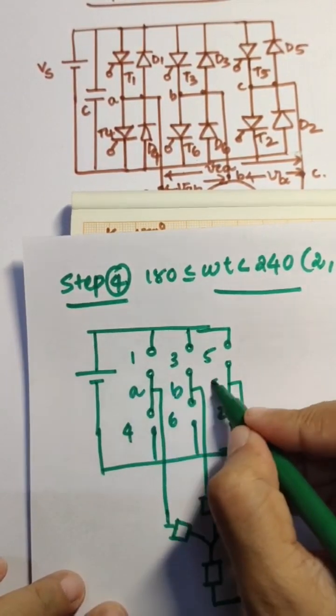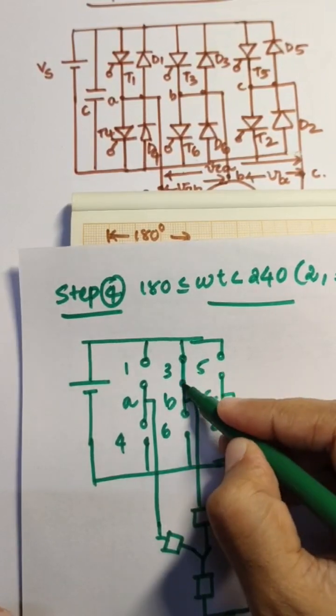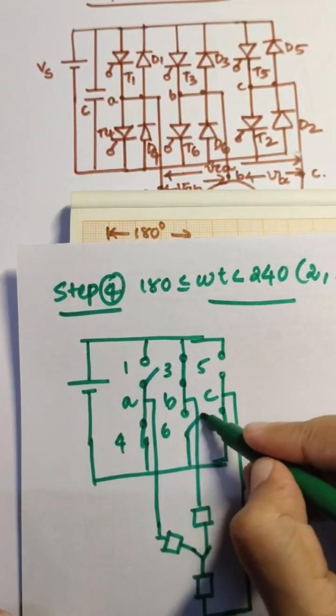Phase A, phase B, phase C. Here the switches closed are 2, 3 and 4. The rest are open.